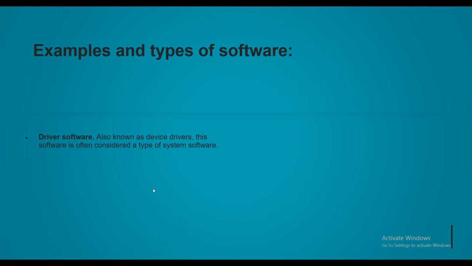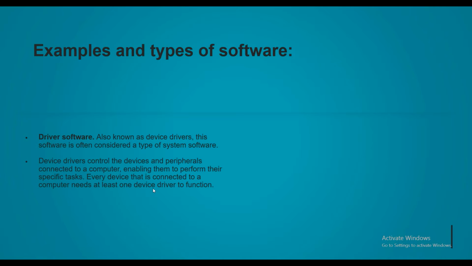This software is often considered a type of system software. Device drivers control the devices and peripherals connected to a computer, enabling them to perform their specific tasks. Every device that is connected to a computer needs at least one device driver to function.